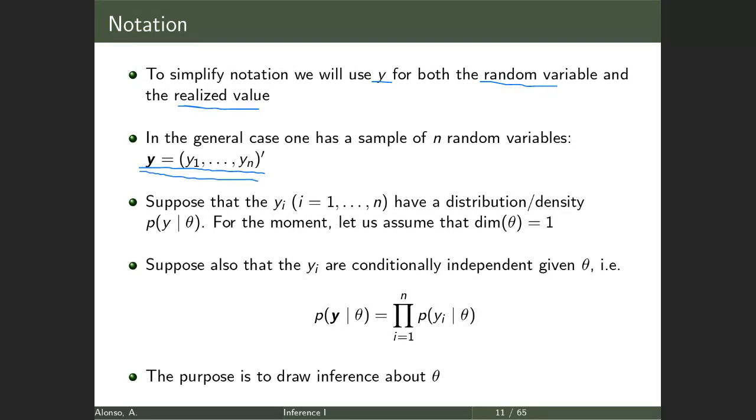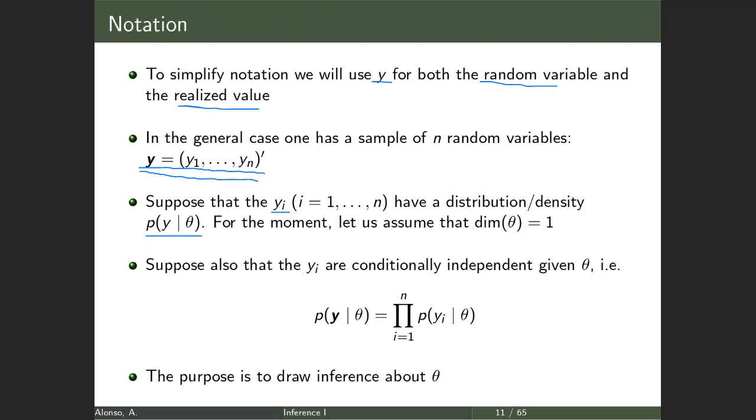Now we are going to assume that each of these random variables has a common distribution or density that we are going to call p(y; theta). So we are going to assume that each of these random variables has been generated by a common latent data generating mechanism. Now, what is producing an outcome in an experiment?